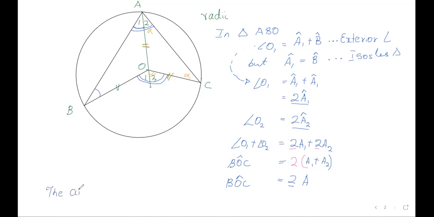The angle at the center of a circle is twice the angle at the circumference.